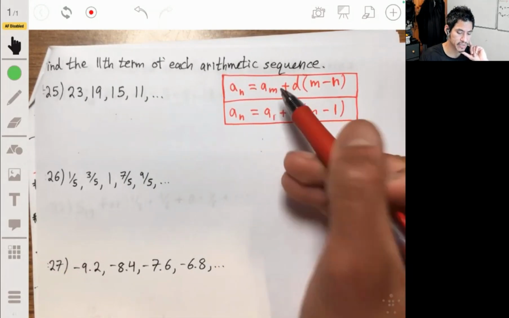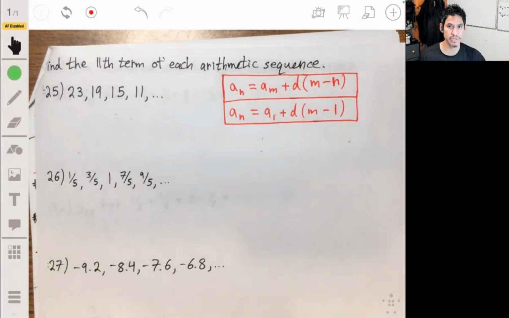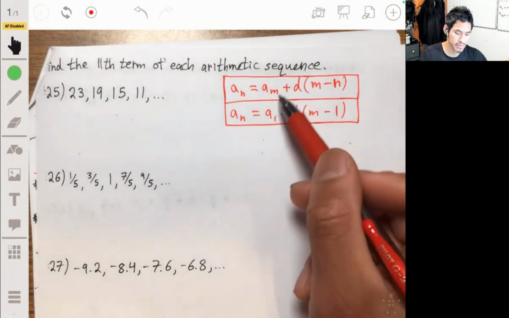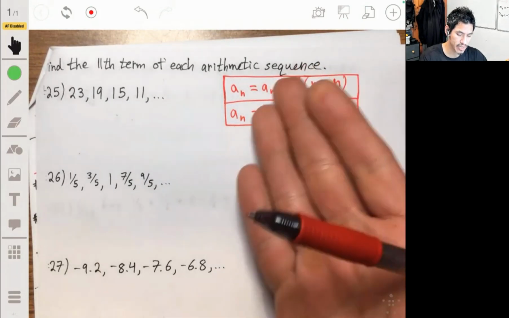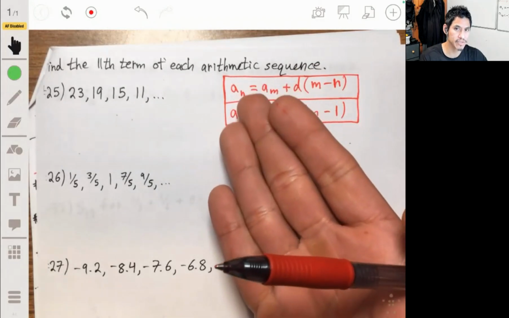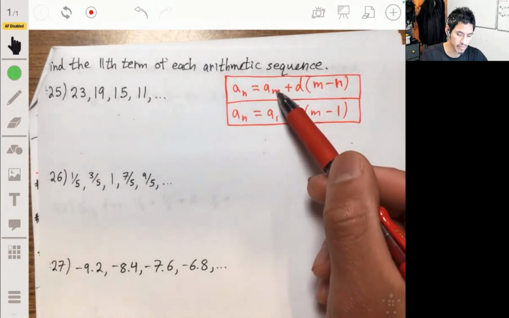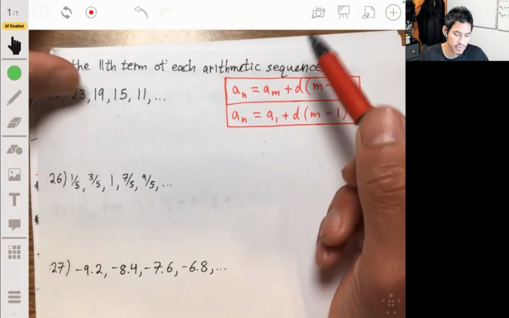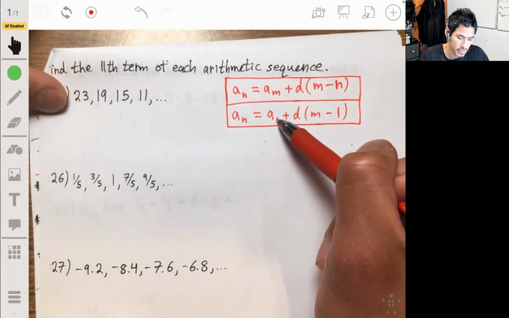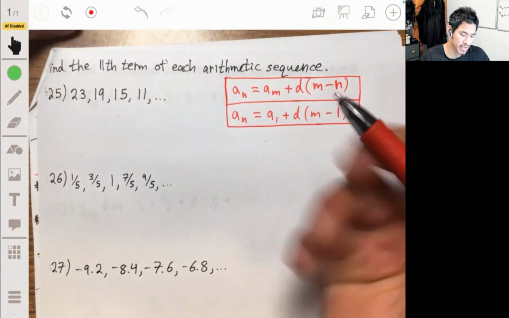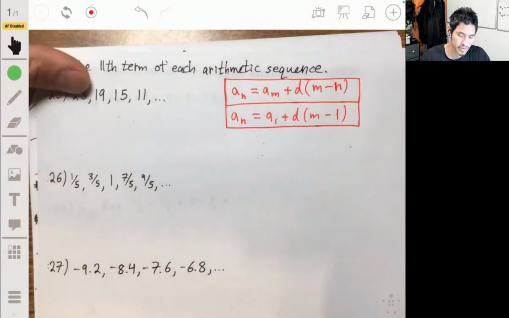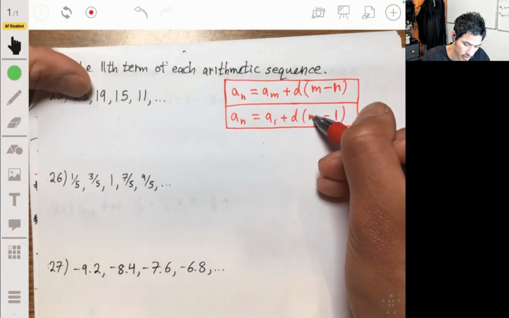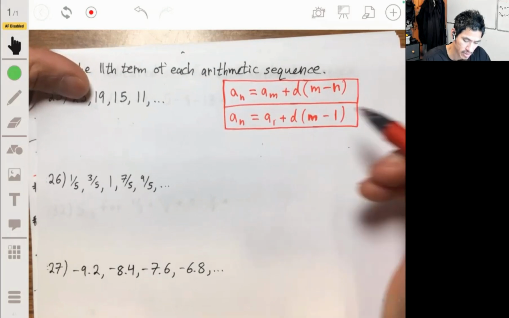You just need to know any term and any other term in the sequence. If you know any term in the sequence, you can find a formula for the nth term. But it's probably easiest to make it a1, though it doesn't have to be a1. If you're given a1, then just go with it. So they're both the same formula, so to speak.